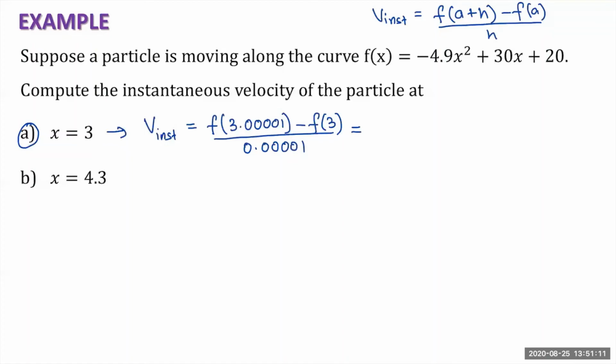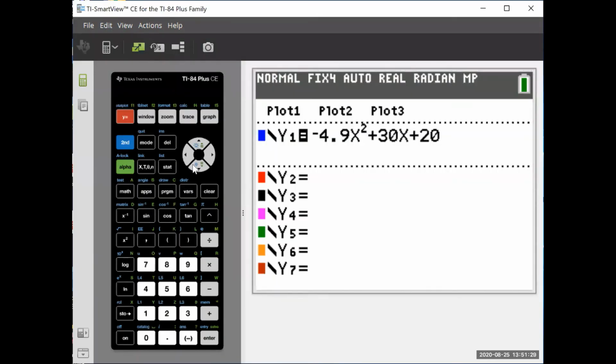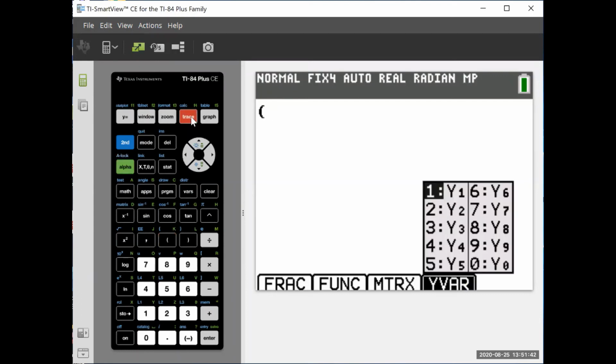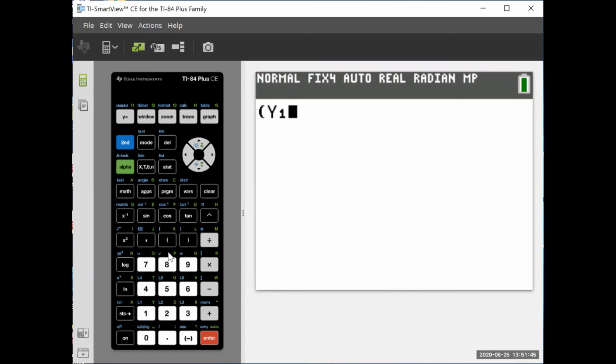Let's try that. I'm going to show you my calculator. So here is my function. In the numerator, we are going to type f of 3.00001. Our function is in y1, so it is alpha, trace, and then y1. We have 3.00001. Then minus f of 3, so alpha, trace, and 1.